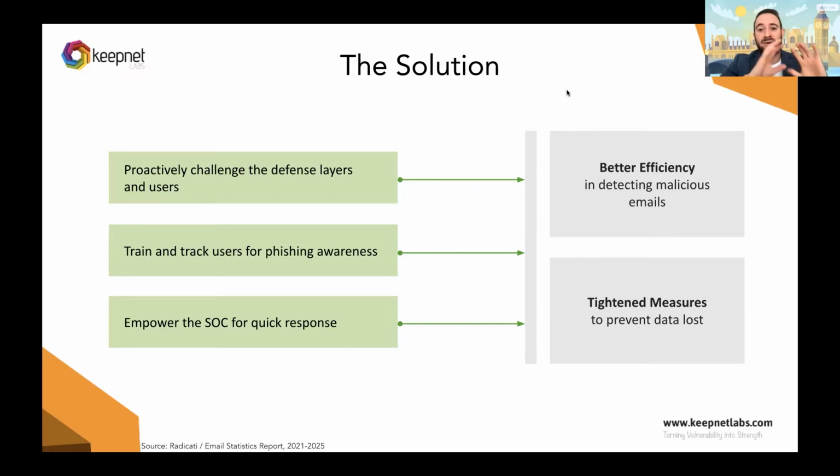Our aim is to turn your employees into proactive agents who can understand, detect, and report suspicious emails. And of course, empower the SOC team, the Security Operations Center team, to analyze and respond to threats quickly.